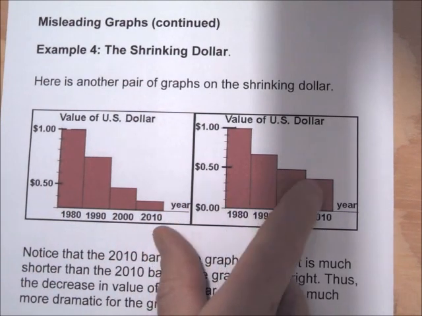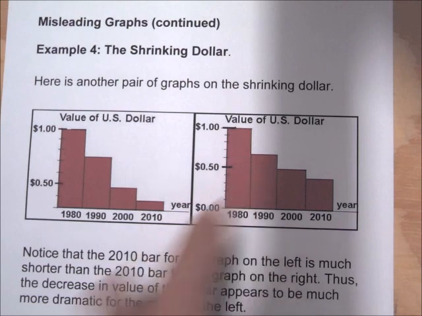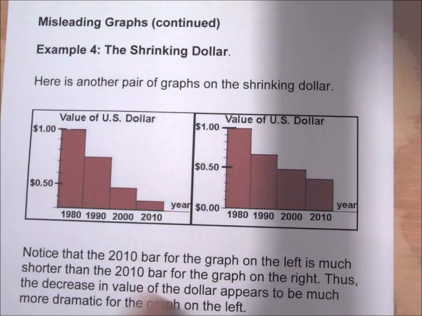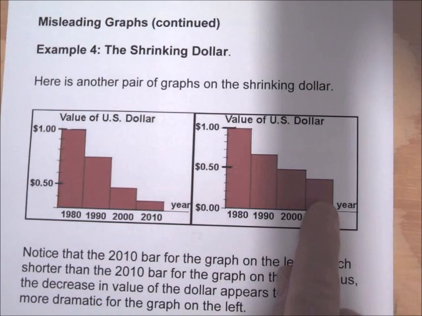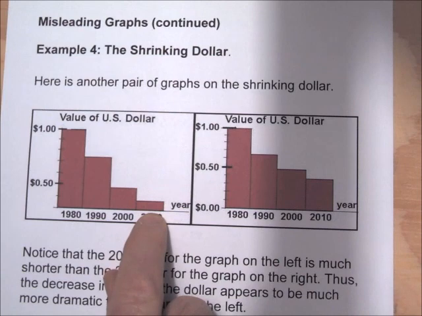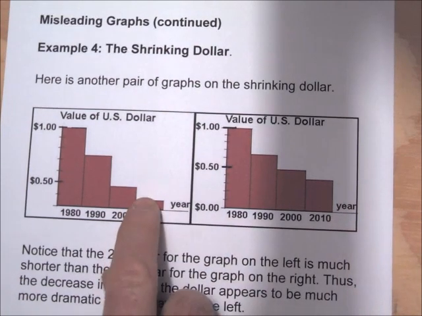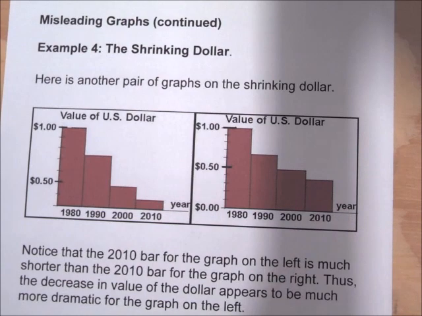Same over here, about 40 cents. But on the graph on the left, the bar for 2010 looks like it's a lot shorter than it is on the right graph.